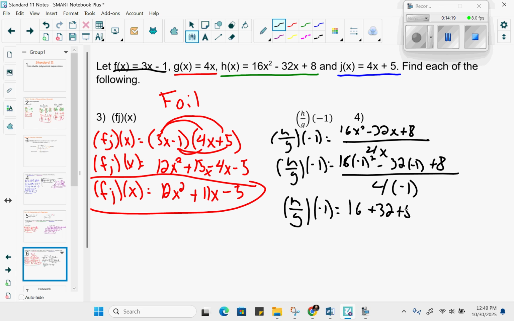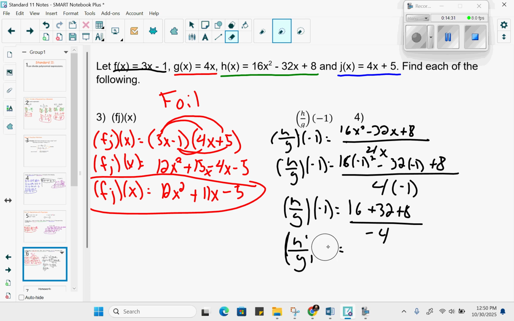Positive 8, plus 8, all over negative 4. h over g of negative 1, not negative 2, negative 1, equals, you know what, we're going to fix that, times negative 1. There we go. 16 plus 32 is 48. Plus 8, 56, over negative 4.